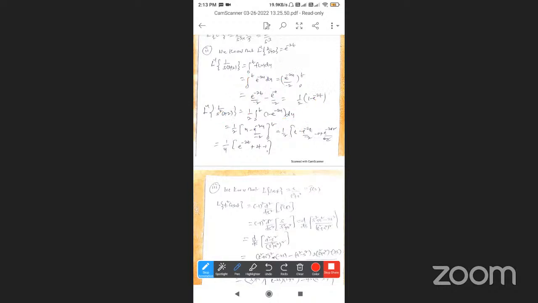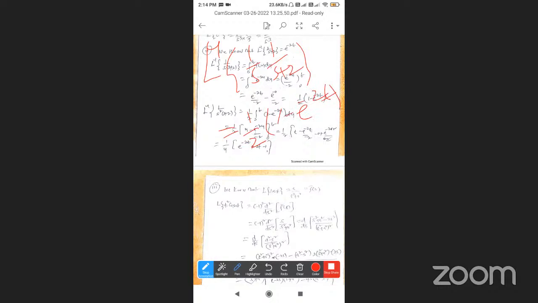Once again, the second time, the inverse Laplace transform of 1 by s square into s plus 2. We have to do 1 by s a second time. The first time, the inverse Laplace transform of 1 by s into s plus 2 gave 1 by 2 into 1 minus e power of minus 2t.